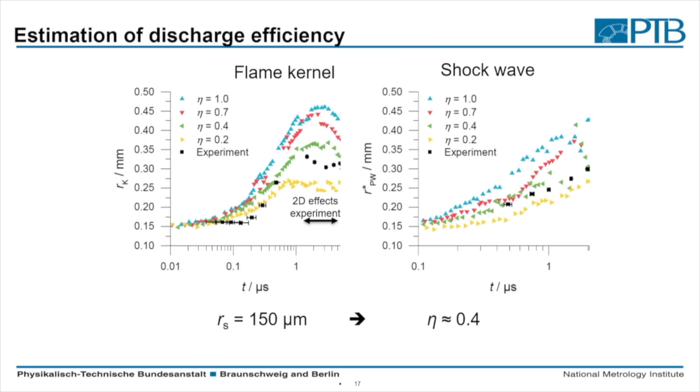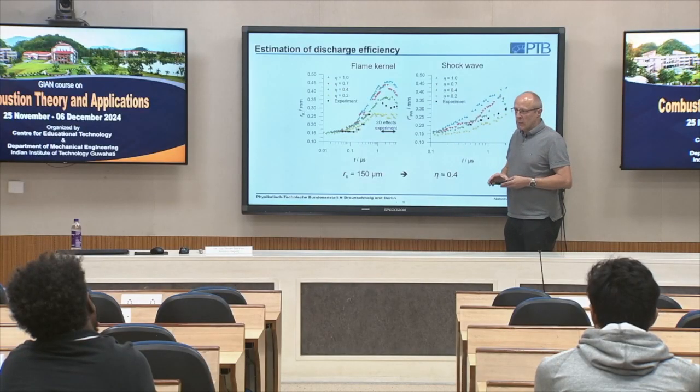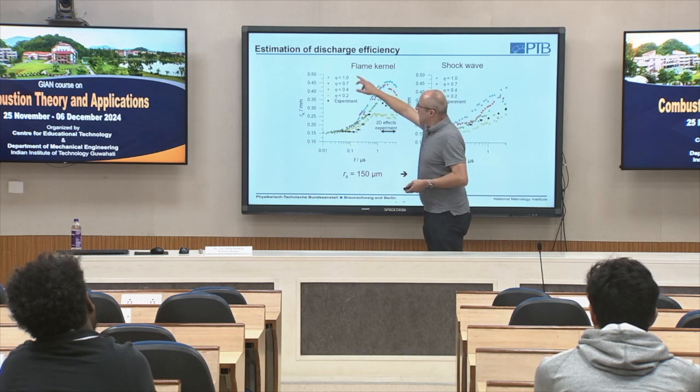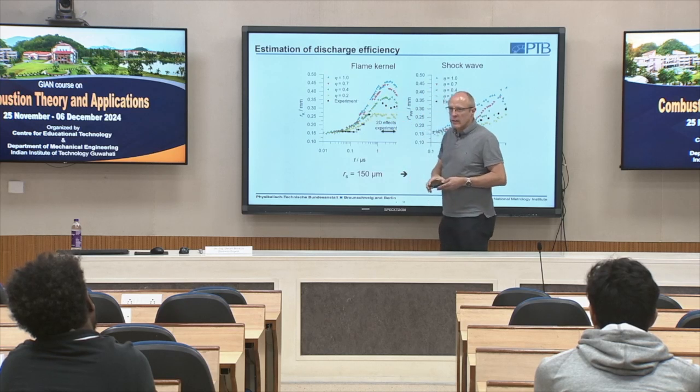And then when we compare our experiments in more detail with the numerical simulations, here we have the experiment in black, and these are different numerical calculations where we assumed heat losses. So we have reduced the deposited energy by a factor, assuming heat losses. That means eta equal 1, there are no heat losses, and here we have 80% heat losses.